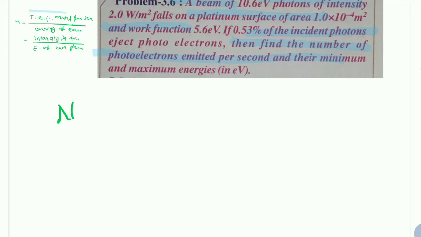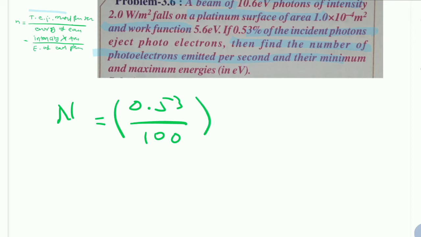Number of electrons emitted per second is equal to 0.53 by 100 times the number of photons incident on the metal surface.